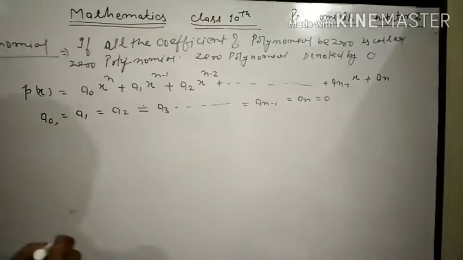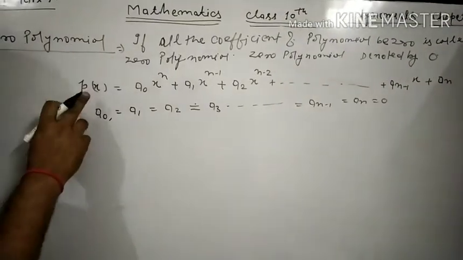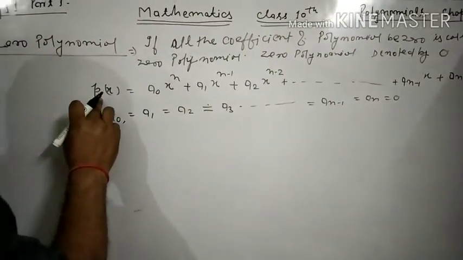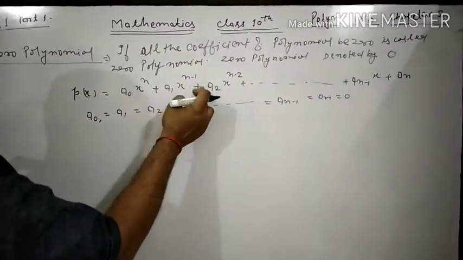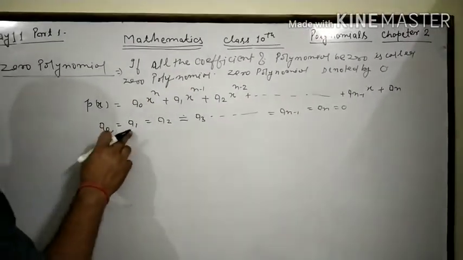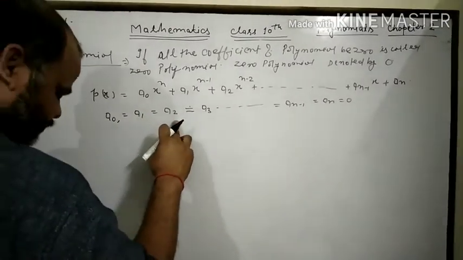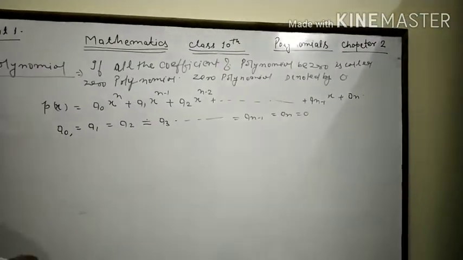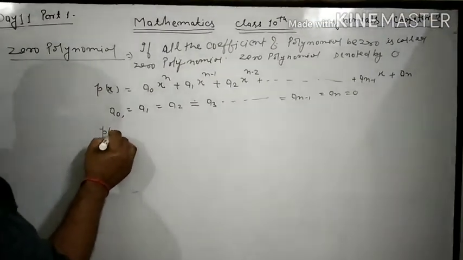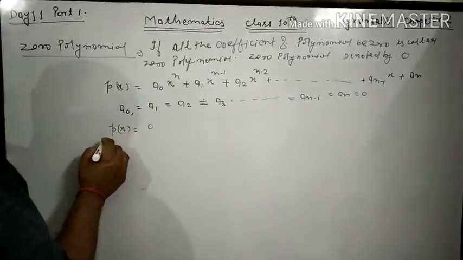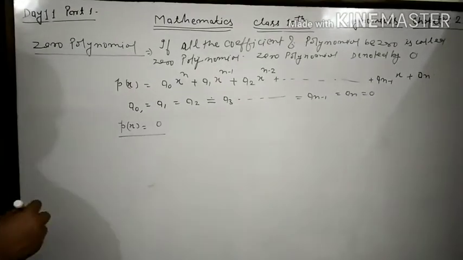It means if suppose a polynomial P(x) is a0 x to the power n, a1 x to the power n minus 1 and so on, and a0, a1, a2 and a3 are all 0, that means P(x) is equal to 0. It is called the zero polynomial.